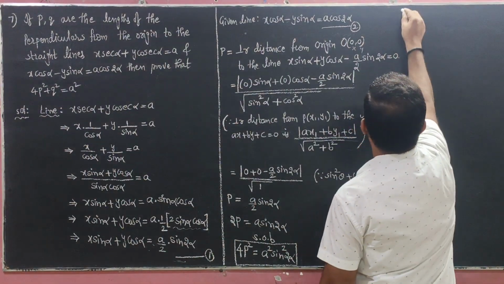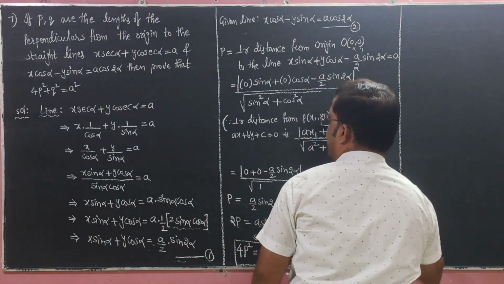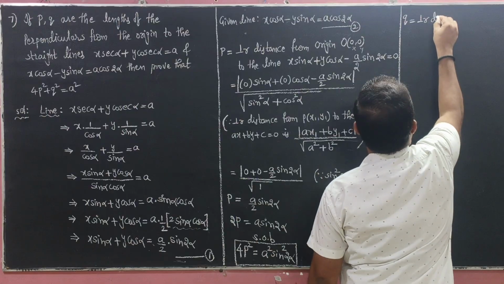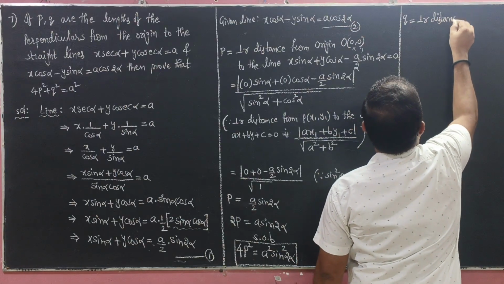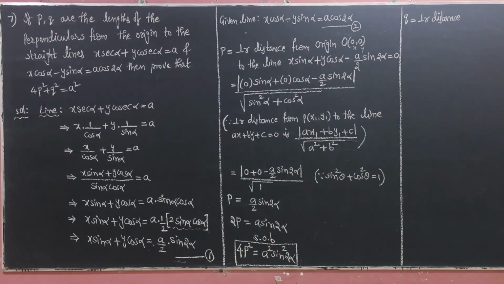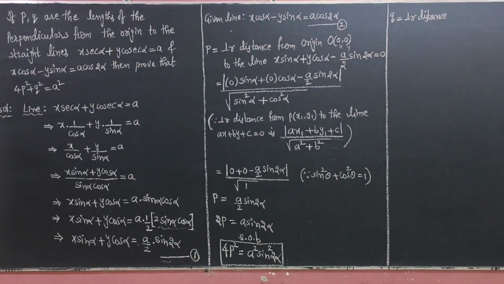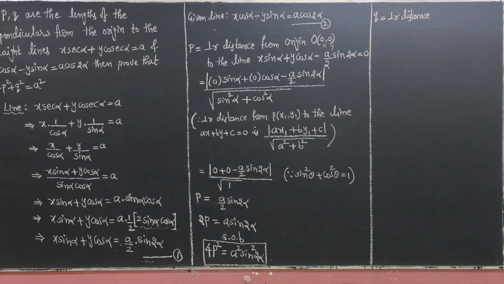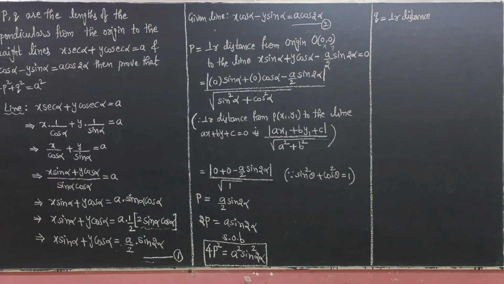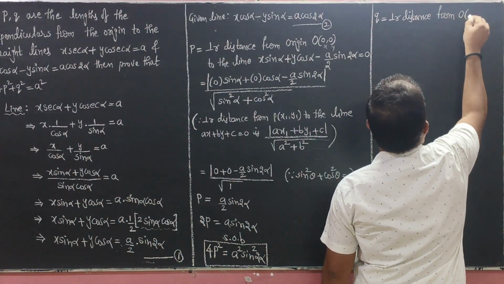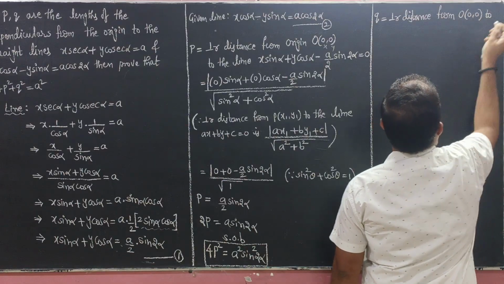So what is q? Second, q equals the perpendicular distance from the origin, meaning 0 comma 0, to the line equation.